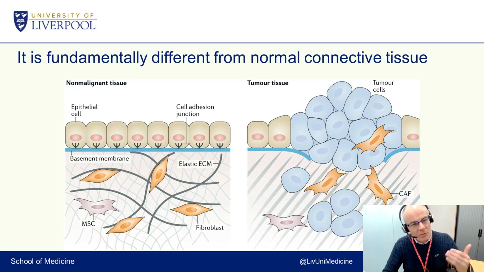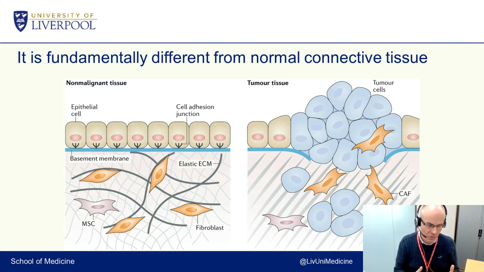Now, as we will see as we go through this, the tumour microenvironment is not just a complex connective tissue in which the cancer develops, as if it's like a normal connective tissue in the background. And you can see in this diagram here on the left that there are your normal epithelial cells with the basement membrane and then underlying connective tissue.